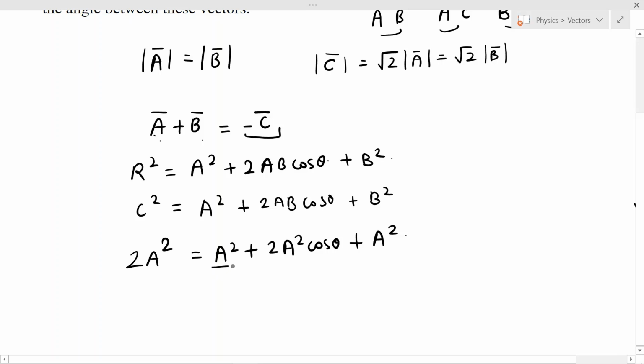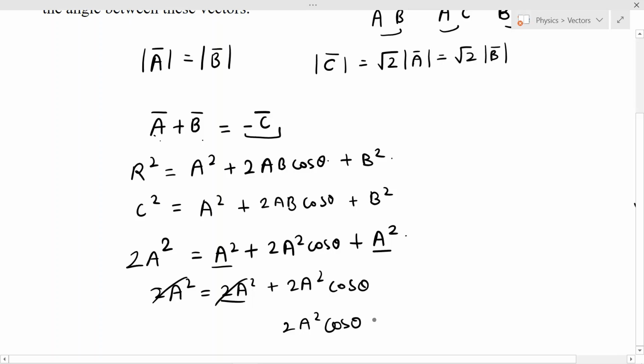So these add up to 2a square plus 2a square cos theta. So this gets cancelled, and this becomes 2a square cos theta is equal to 0.